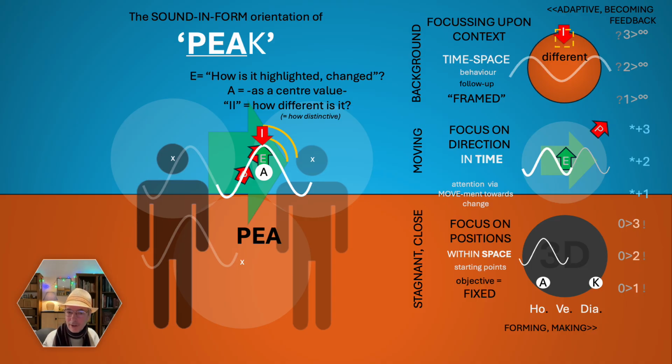How distinctive is it? How different is it? That is the association with the letter E in combination with E and A. So it's all going towards that peak value point, as a full value as well. And with the A, of course, with a certain range of a value. So you have a centralized point, but also a certain range where you can see it has a value not just as a peak value, but also with a range, so that I can say, okay, from here to here, I can still define it as the peak.